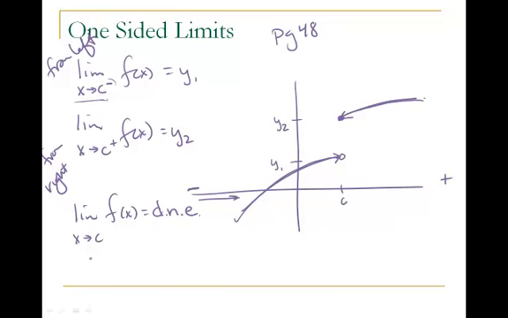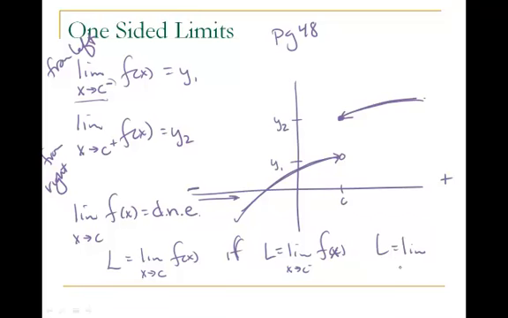So the bottom line there on page 48 says the limit is, or L equals, the limit as x approaches c of f of x, if and only if L is the left-hand limit, and L also equals the right-hand limit, f of x as x approaches c from the right.